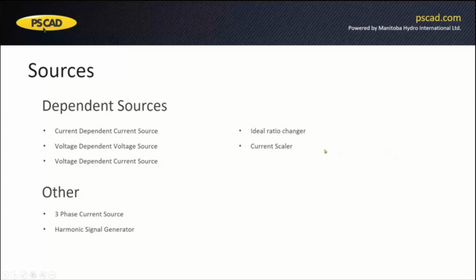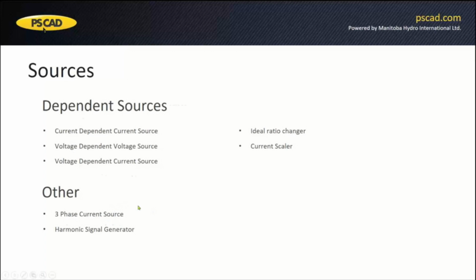And the current scaling component is a specific configuration of the current dependent current source, so that you can use it to scale measured current with a known value.